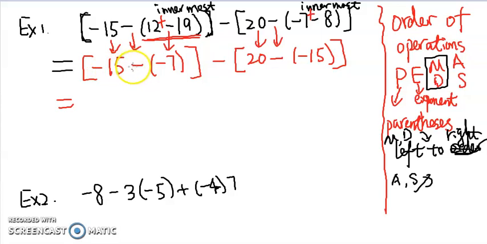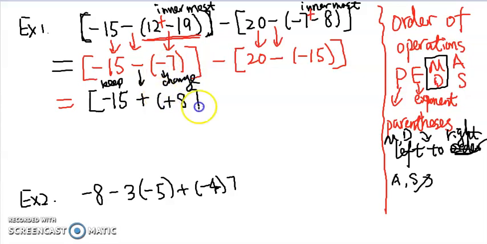Notice that we can change again. This time, we're not going to insert a plus sign in front of it, because if we do, we still have to deal with these two negative signs. So we're going to use the keep-change rule. Keep the first number, negative 15. Next we do change: change the minus to plus, and then we also change the next sign to the opposite.